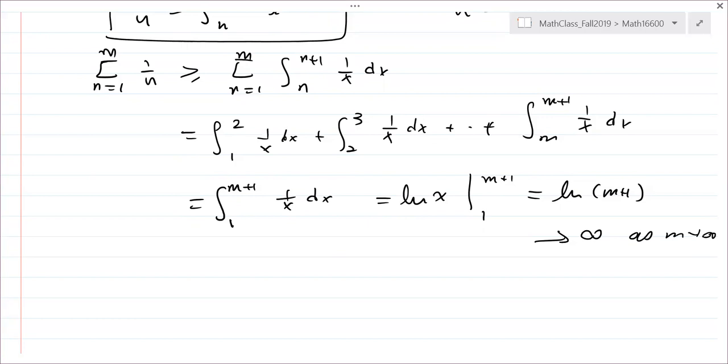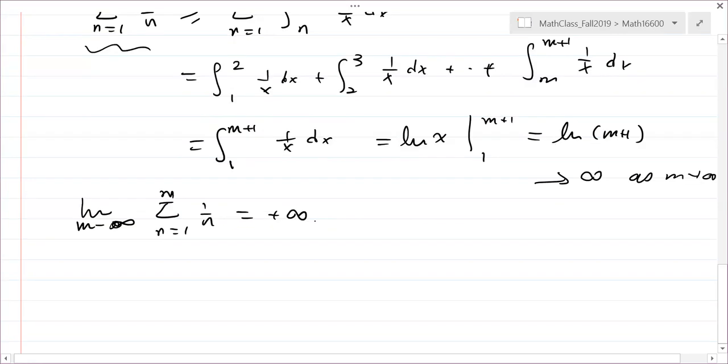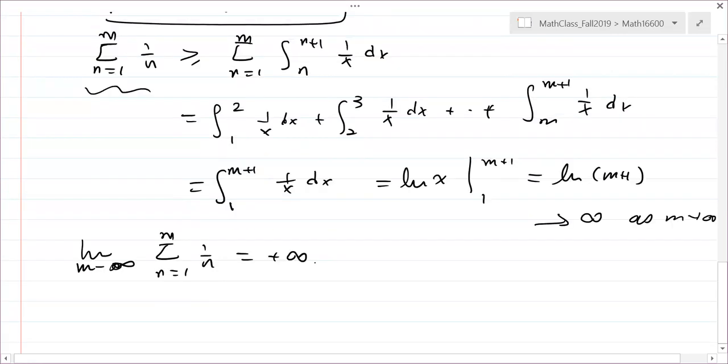The upper bound is also natural log of something, so we can get a very good estimate on this harmonic function. So therefore this pushes the limit as n approaches infinity. Okay, so that's why it's divergent. See, the proof just uses the integral.